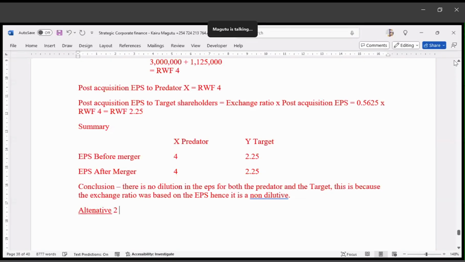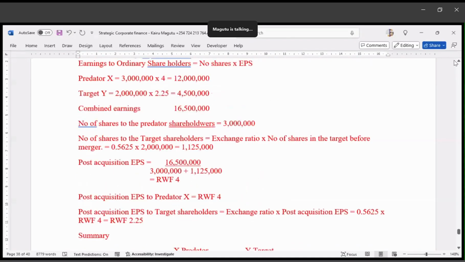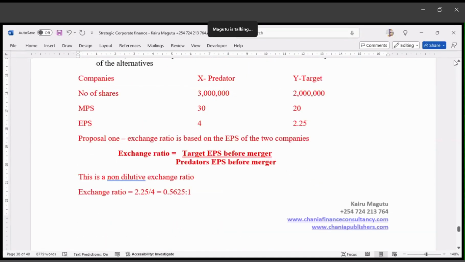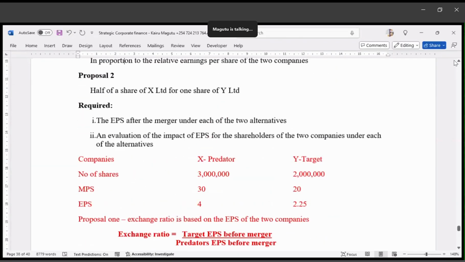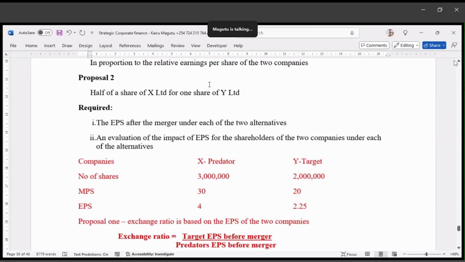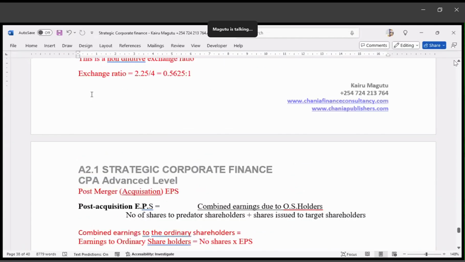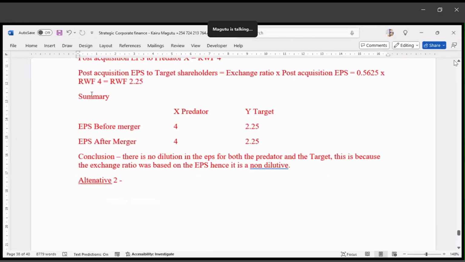Alternative 2. As per the question, it reads, half of a share of X for 1 share of Y Limited. So I will take it that way.